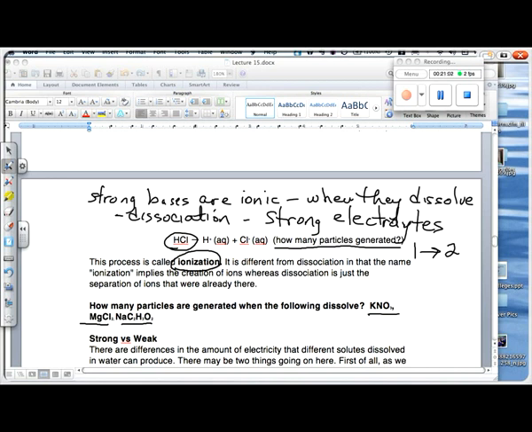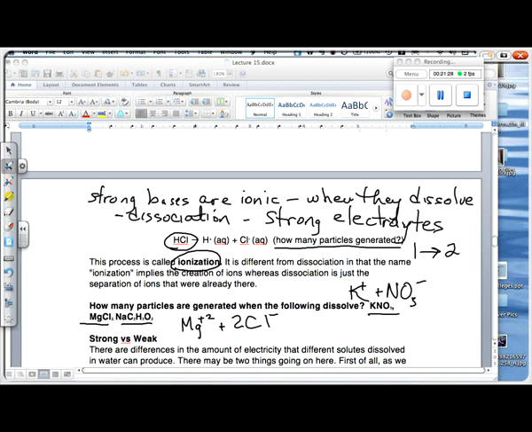So potassium nitrate, how many particles do I get when that breaks up? Think ionic equation. You get a K and you get a nitrate. So you have two, just like with the HCl. Magnesium chloride. When magnesium chloride breaks up into its ions, you get 3 particles: one magnesium and 2 chlorine.